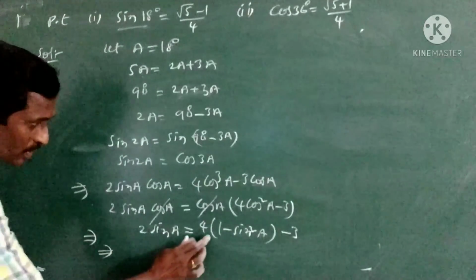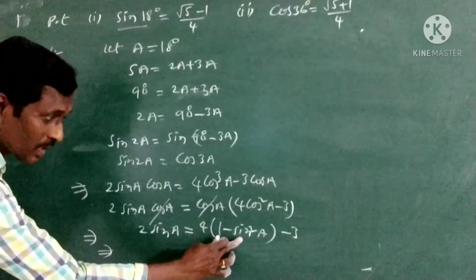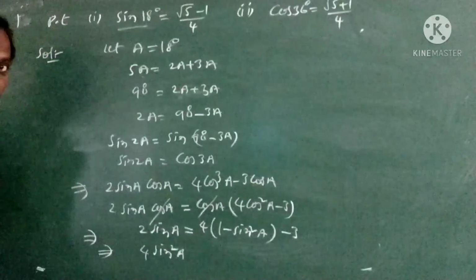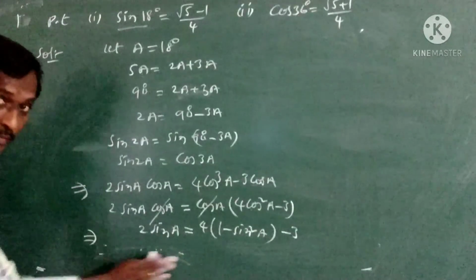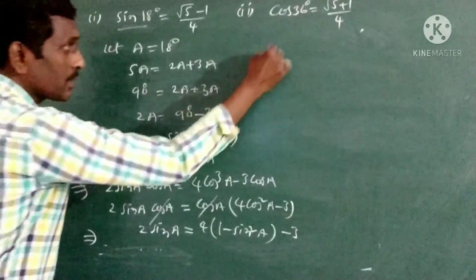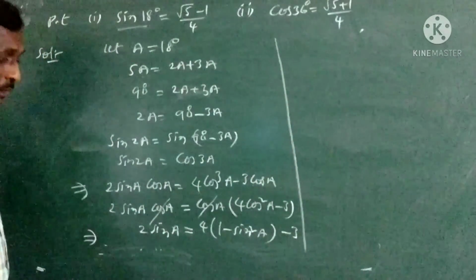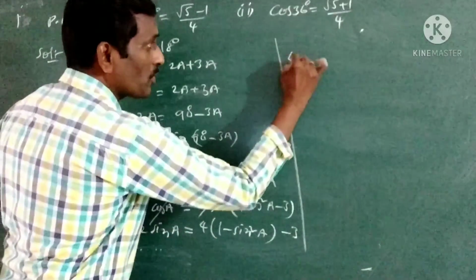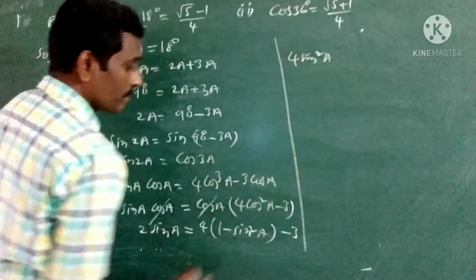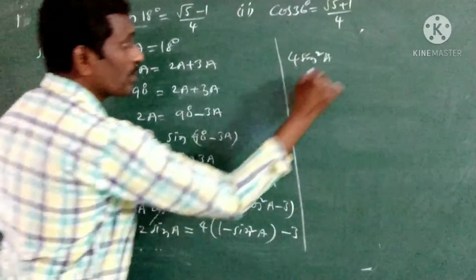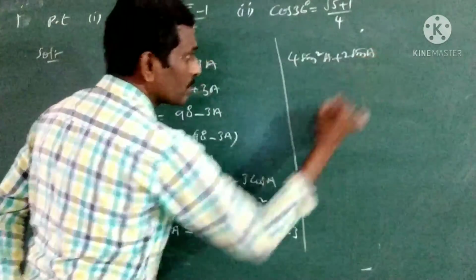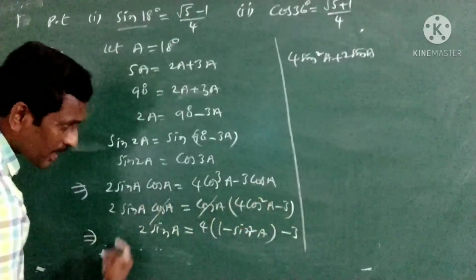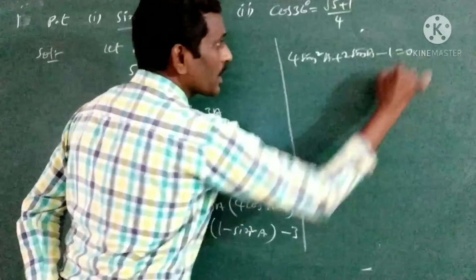This implies 4 minus 4 sine square A, taken to the other side, becomes plus 4 sine square A. Then after 2 sine A, we have plus 4 minus 3, which is plus 1. Taken to the other side, minus 1 equals 0.